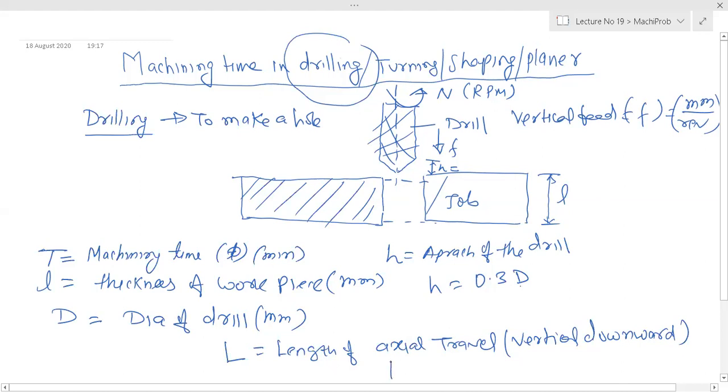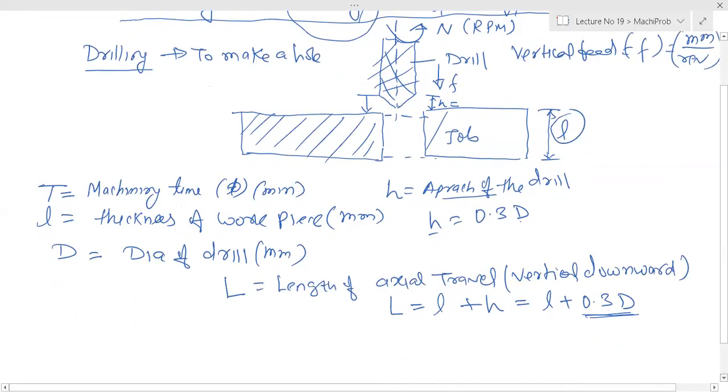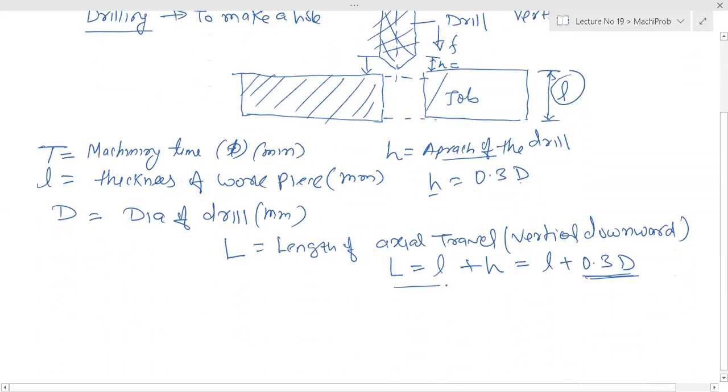So that length is equal to L plus this H, meaning L plus 0.3 D. This is your approach. Basically, the drill has to travel this much extra, that we call approach. So the total distance to be traveled by the drill in the downward direction is L plus 0.3 D, where D is the diameter of the drill.